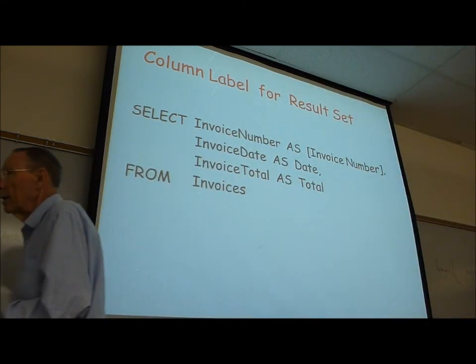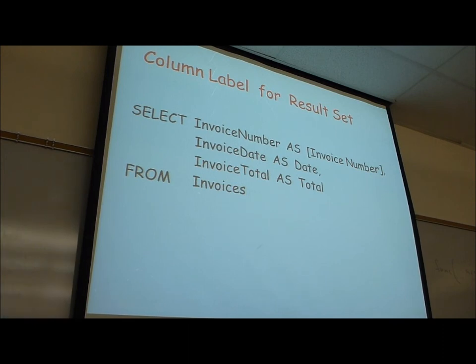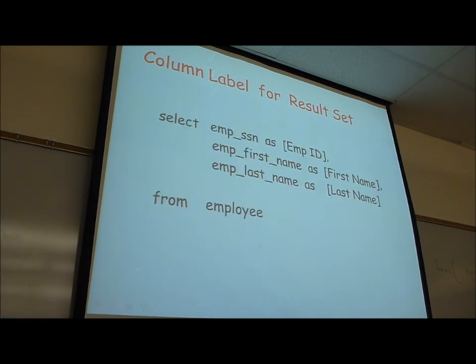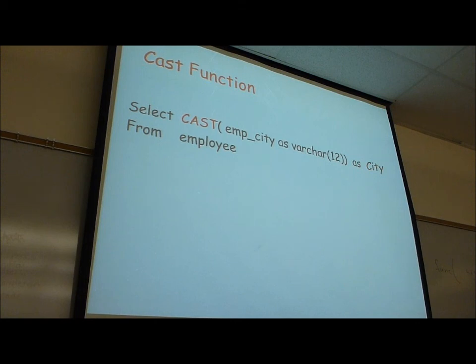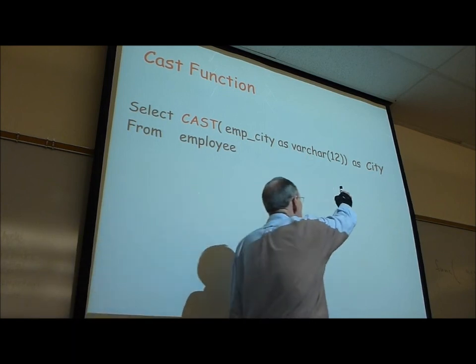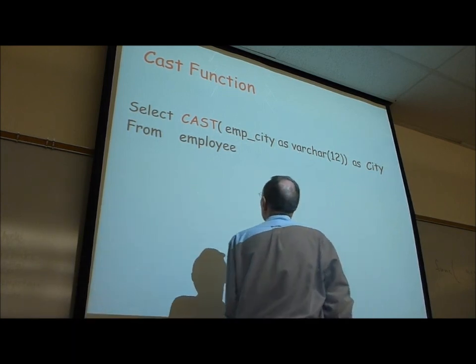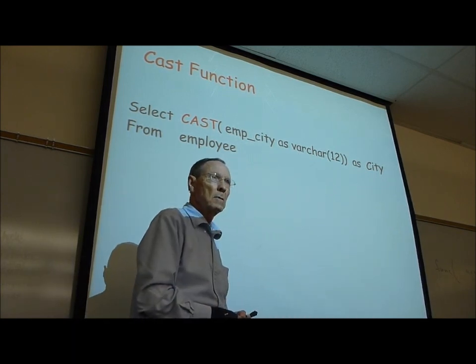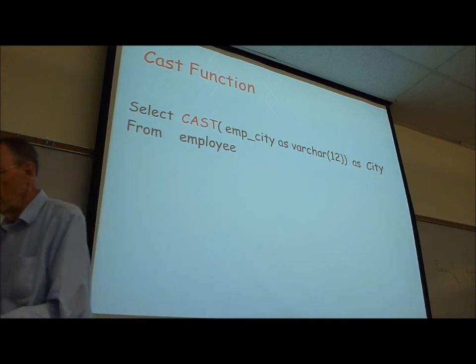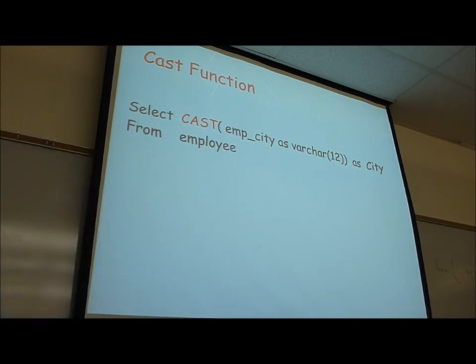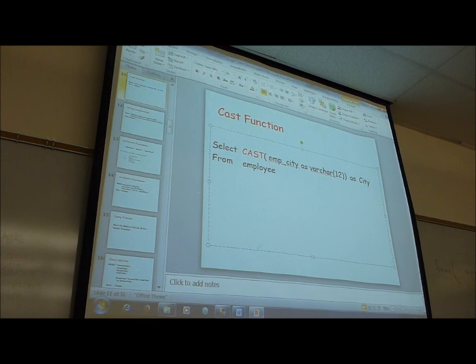If I don't put a label in there, then I got nothing, as you saw. So it's always going to be whatever you have here, then AS, and city. Example.